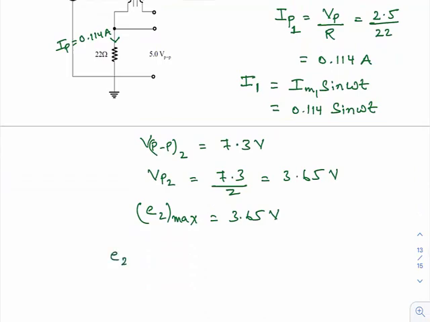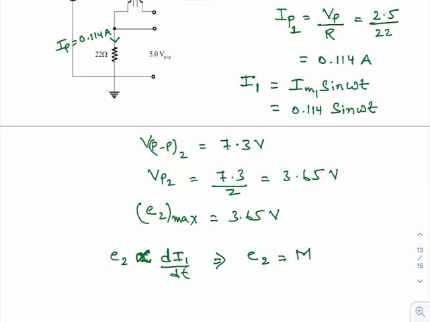Now you know that the EMF induced in the secondary is due to the current in the primary. So if you use this concept, then the concept of mutual inductance comes.